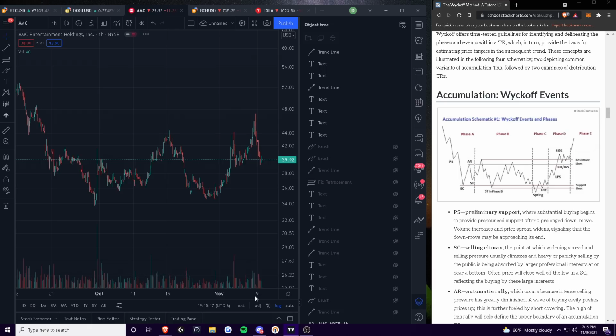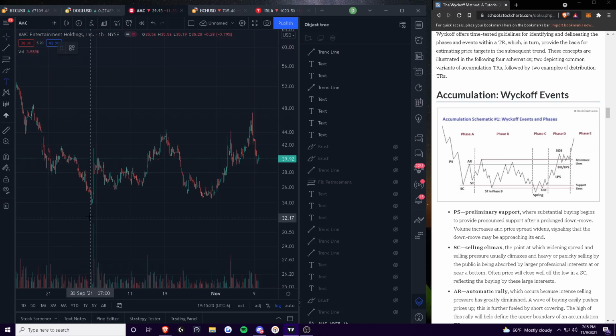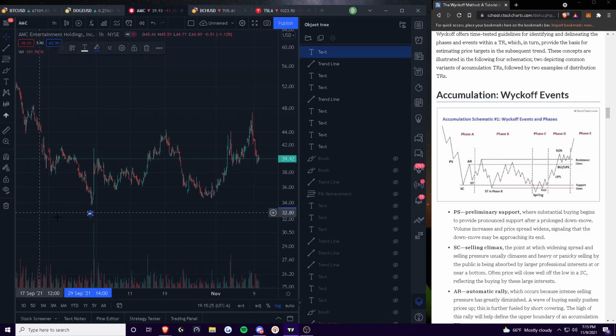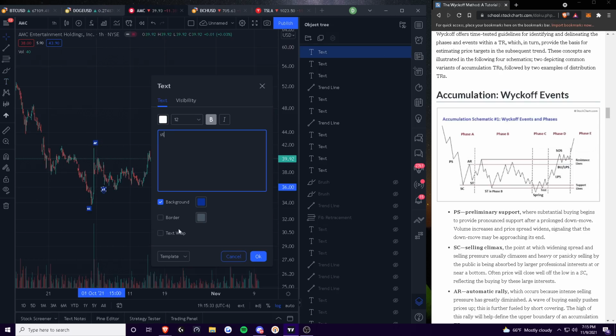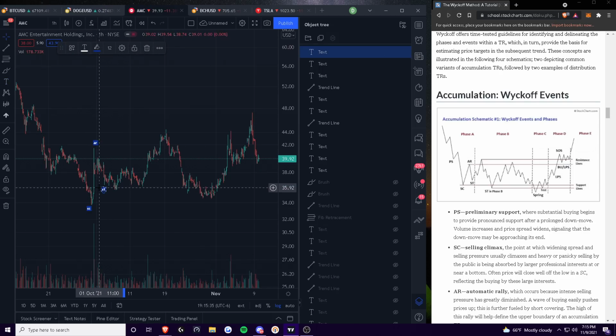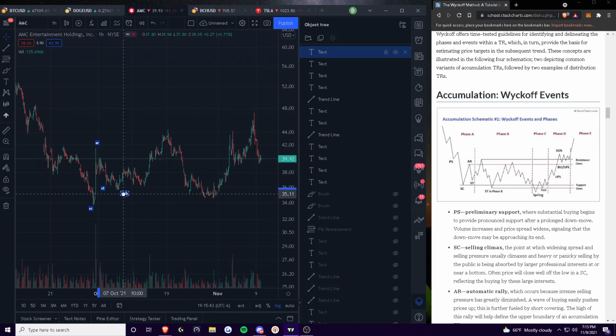The way that we're measuring it is from the $50 peak in September. Pretty clear sell climax here, especially with all that volume. Automatic reaction. Sell test. It doesn't have to go exactly like the schematic does. So in this one, this would be your sell test in phase B. Even though it doesn't break the trading range, it's still a sell test.